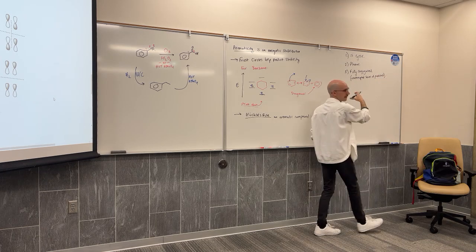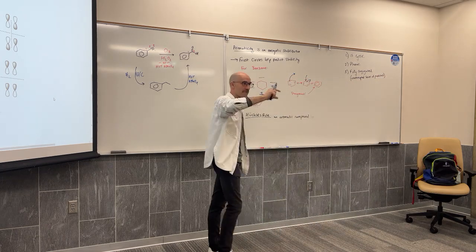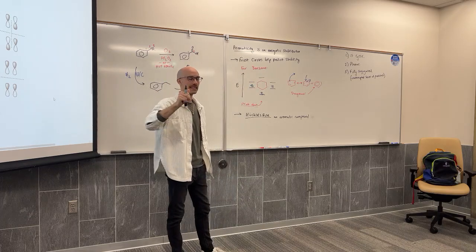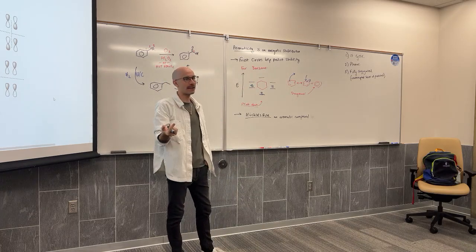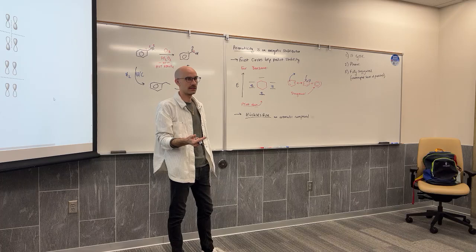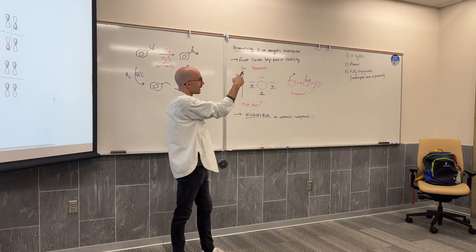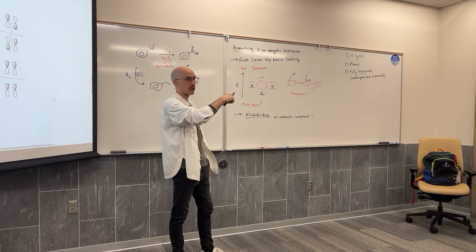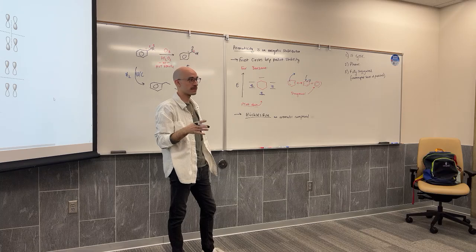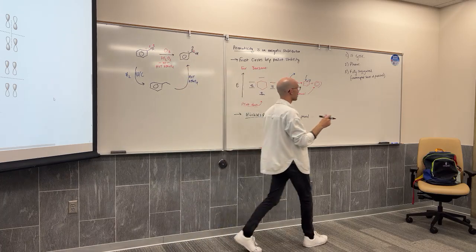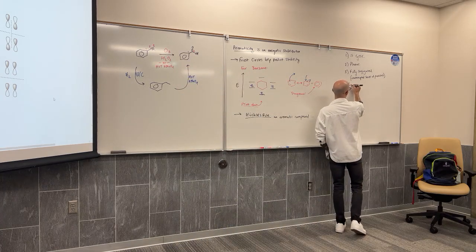Well, that basically just means that every atom is either sp2 or sp hybridized. No atom in this cyclic planar structure is allowed to be sp3. If there is any sp3 atom, it is not fully conjugated.